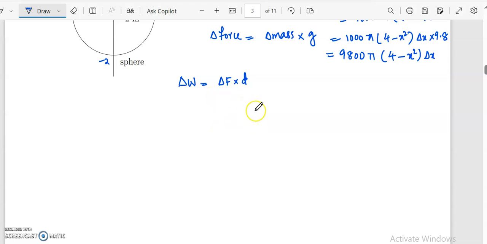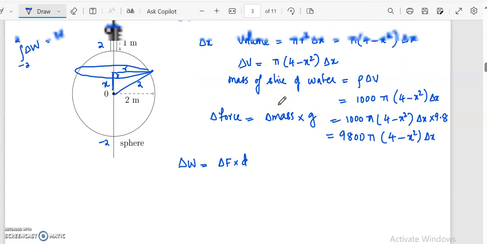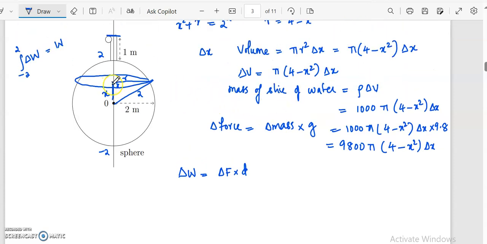So delta W will be equal to delta F into d. Now we have the slice of water which is at distance x, and this total height will be, we are starting from -2.